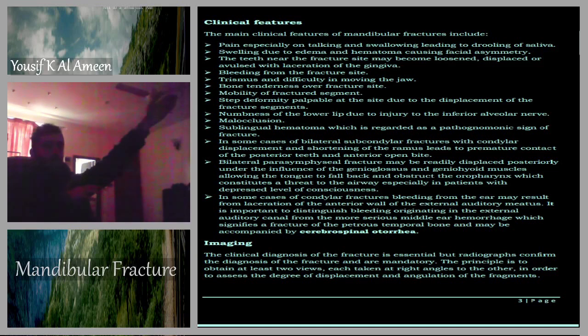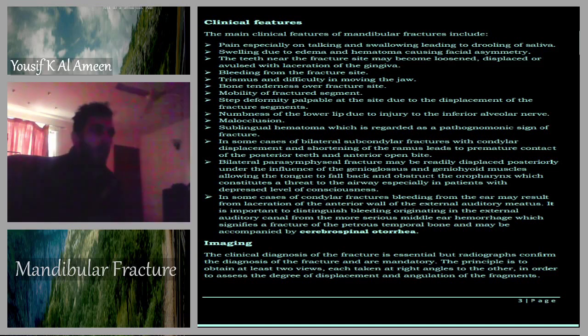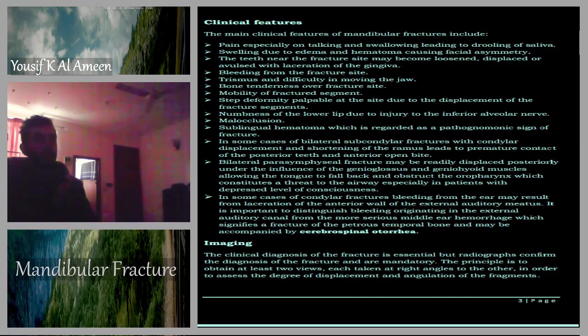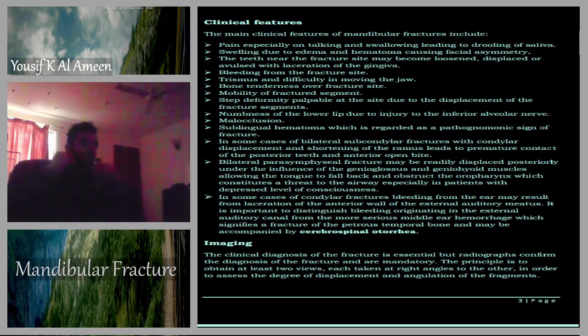The teeth near the fracture site may become loosened, displaced, or avulsed with laceration of the gingiva. Bleeding from the fracture site.